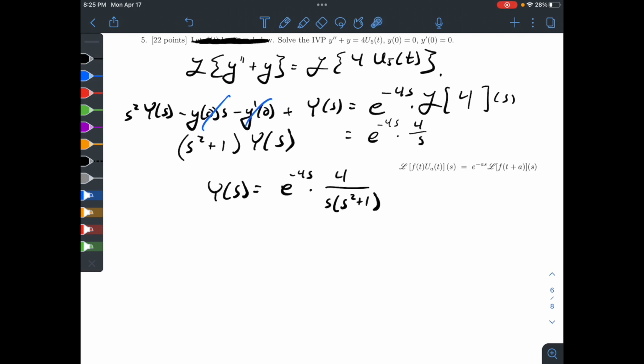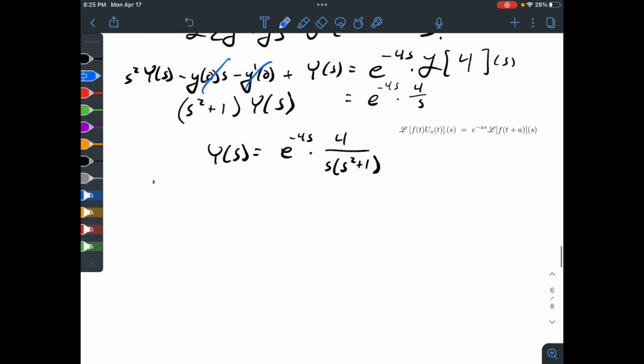Okay, we're now going to want to do L inverse of this right-hand side. I can already sort of tell that for L inverse of this thing, we're going to need to do some partial fractions. So let's do that. So it's going to be A over s plus Bs plus C over s squared plus 1.